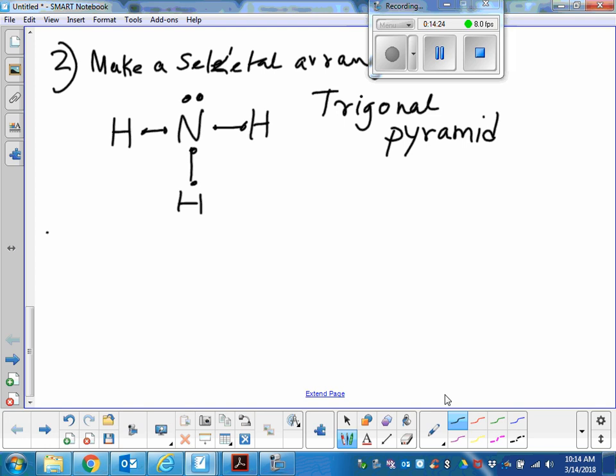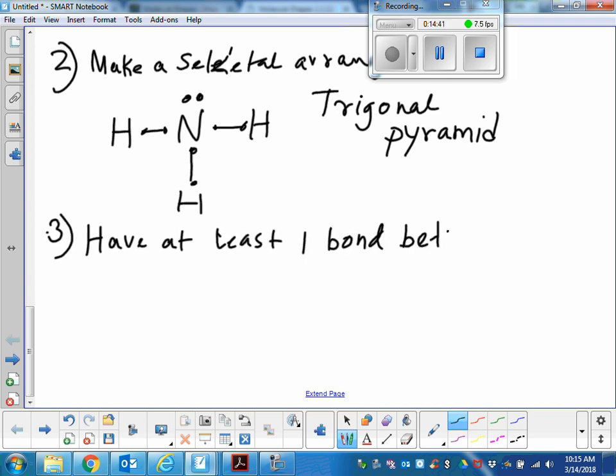Make a skeletal arrangement, guys. I did not write the other steps. Sorry. So what is step 3? Have at least 1 bond between the elements, right? And then what is the next step?